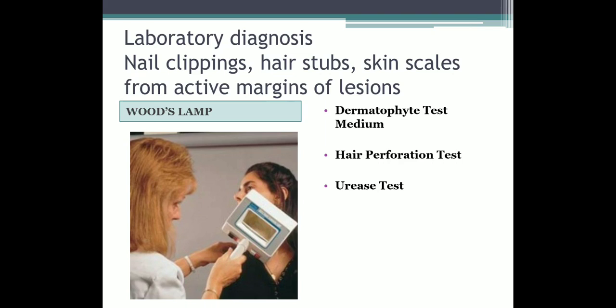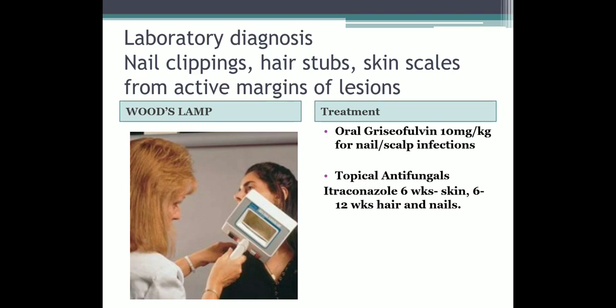One thing that you should also remember is the dermatophytid or the id reaction. This is a hypersensitivity reaction to the dermatophyte antigens, leading to secondary eruptions in sensitized patients.